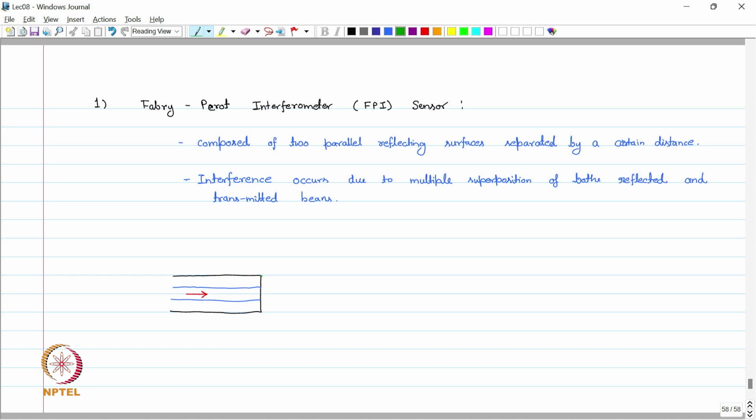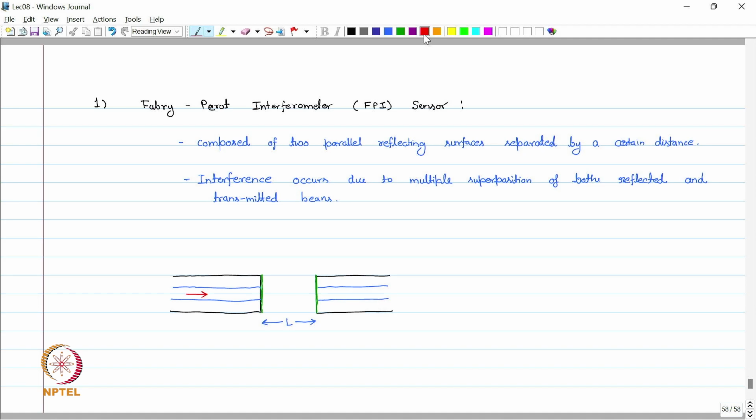Let's say this is my discontinuity here, and my second discontinuity is at this point. After this we have again this optical fiber, and the distance between these two interfaces is L, which is a known number.